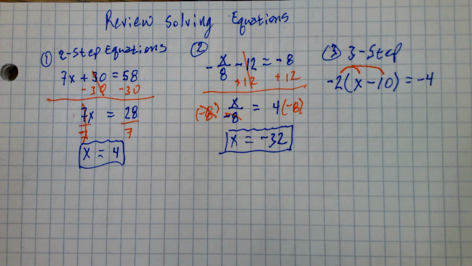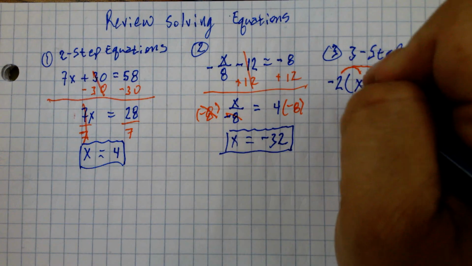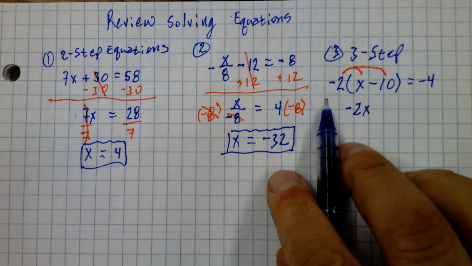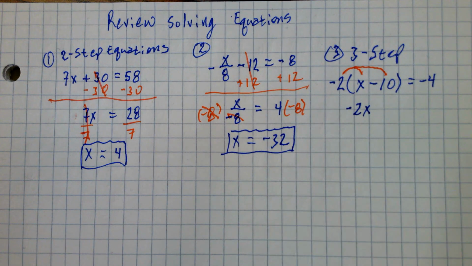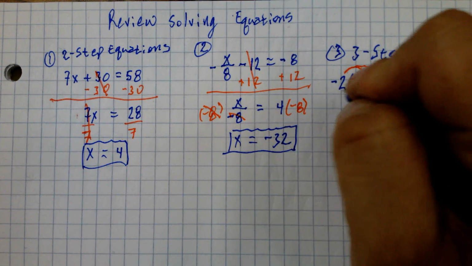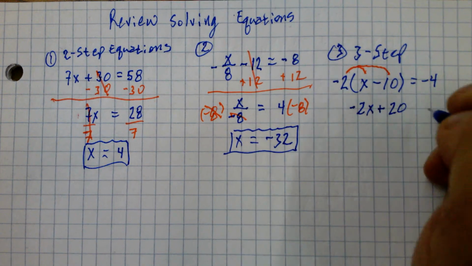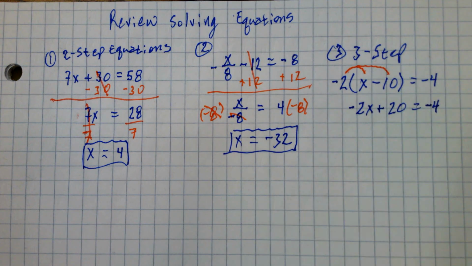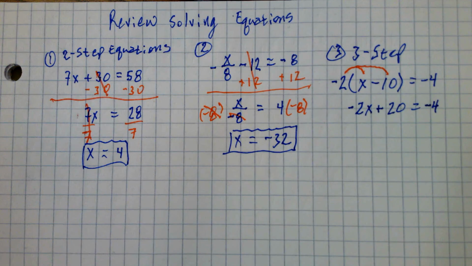You want to get rid of the parentheses, so negative 2 times x, negative 2x, negative 2 times negative 10. That's a positive, so we're going to write that as plus. And 2 times 10 is 20, equals negative 4. Okay. Now let's get rid of our constant.